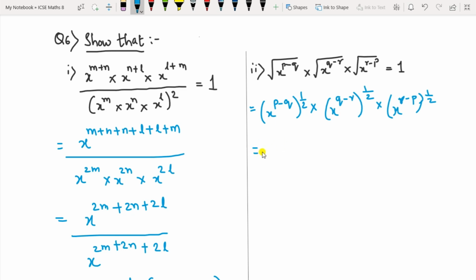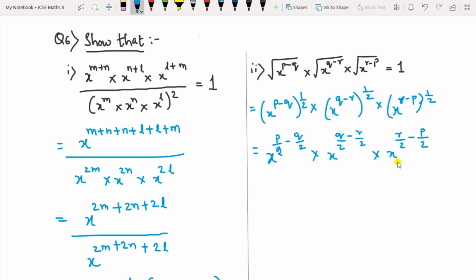Okay. So here now multiply 1 by 2 to each of the power inside the bracket. So x raised to p by 2 minus q by 2 into x raised to q by 2 minus r by 2 into x raised to r by 2 minus p by 2.